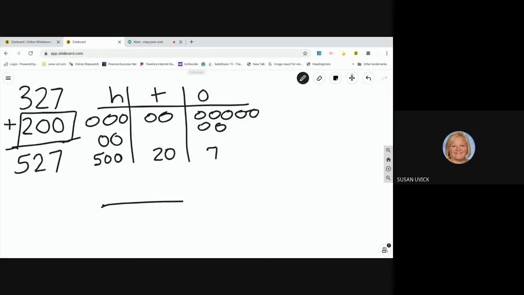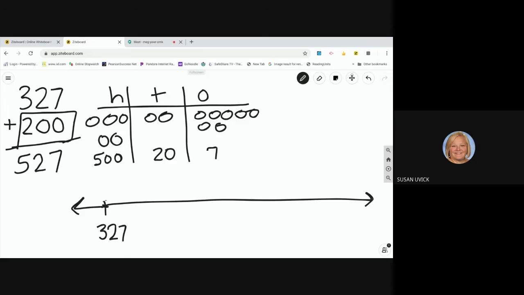I could also use a number line like this. I'm going to start at 327. Now I want to add 200. Could I add 1 200 times? I could. Could I add 10 20 times? I could. Could I add 100 twice? I could. That's the easiest way.